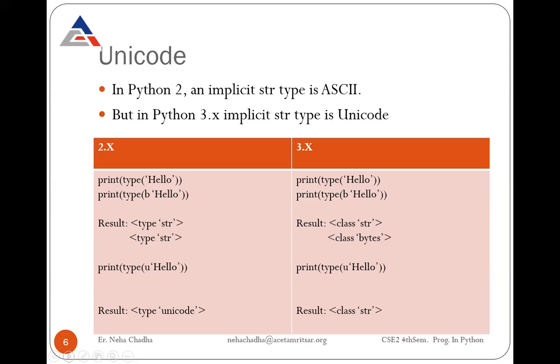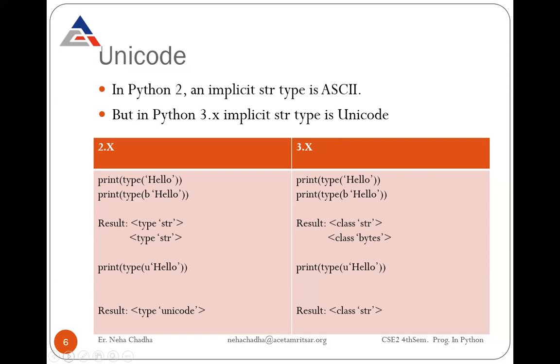As far as ASCII is concerned, we get only the English language and some numerics. But other languages like Russian, Chinese, some emojis, some symbols are not covered under ASCII characters. These are covered under Unicode.